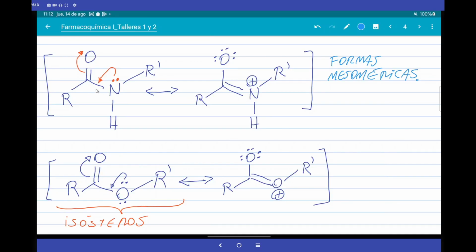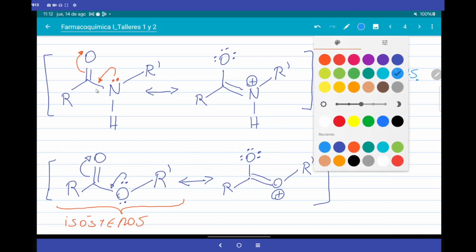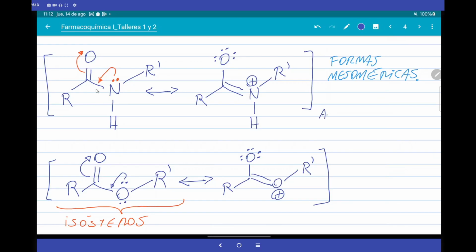Then, this bond in the case of the amide, and also in the case of an ester in reality, if we classify the bonds by length, which will work for when we see bonds with proteins, which bond is longer: simple, double, or triple? Perfect. In general, a simple bond is longer than a double bond, and that in turn is longer than a triple bond.